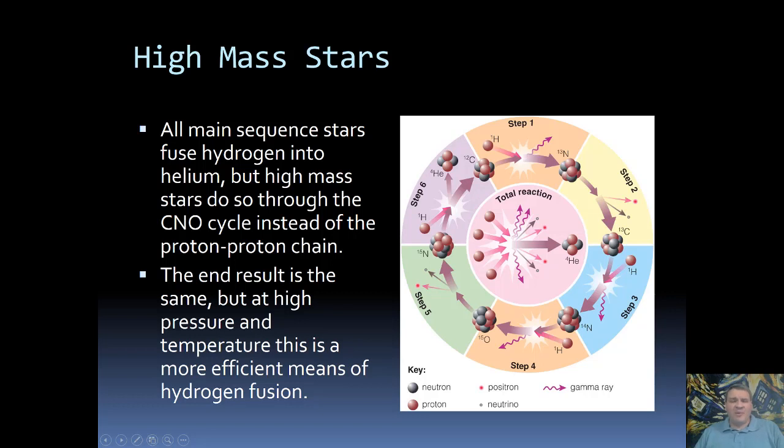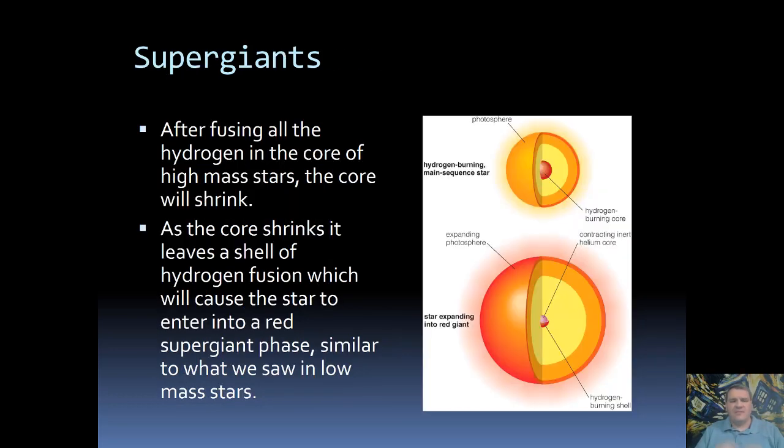Now, you don't have to memorize all of the tiny little pieces in this whole thing. You need to remember that we're fusing 4 hydrogen together, creating a helium and giving off a lot of energy, except now we're using carbon as a backbone. We keep fusing stuff onto carbon until we pop off a helium.